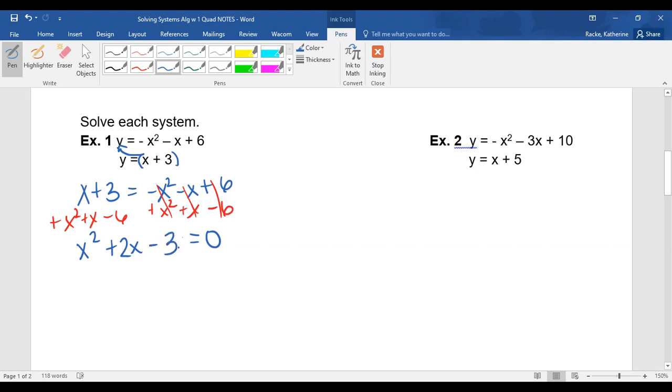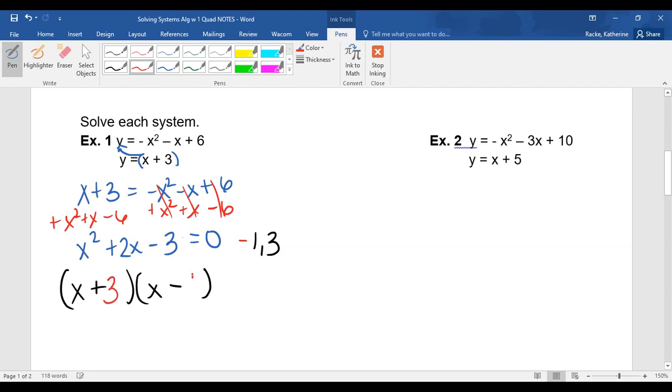So from here, to solve this now, we are going to break it up into our two parentheses, x and x, and because it's plus minus, that means my signs will be plus minus, where my bigger number is positive. The numbers that multiply to give me 3 are 1 and 3. If my bigger number has to be positive and my smaller number has to be negative, 3 minus 1 gives me a positive 2, and 3 times negative 1 gives me a negative 3.